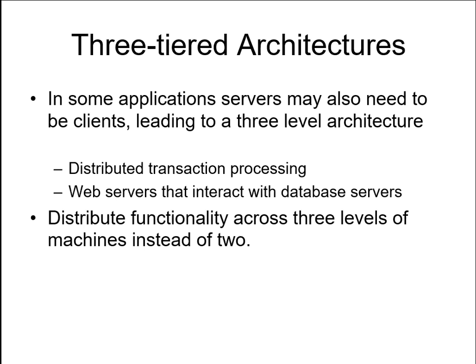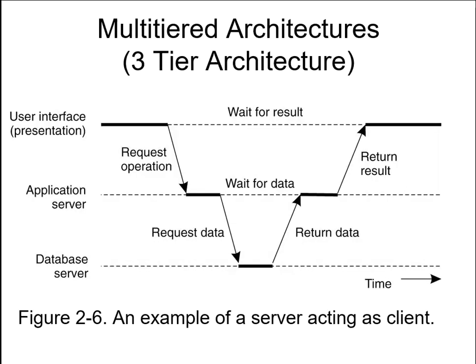So remember that web-based architecture implemented in a layer-based fashion is three-tier. It distributes functionality across three layers of machines instead of two. So we have these three: this is the database server, this is the application server, and this is the user interface. This is the typical example of three-tier.